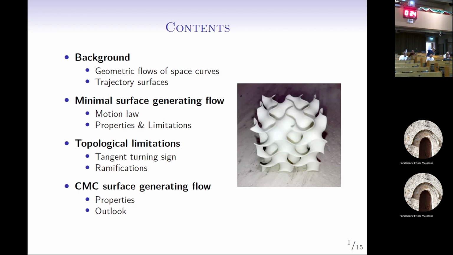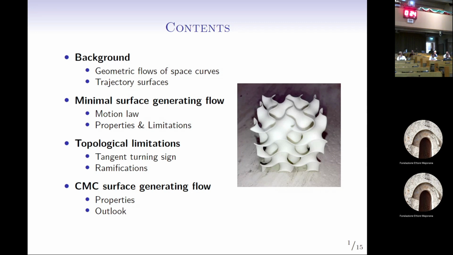So I will be talking about minimal surfaces. These are surfaces that locally minimize area. We can generate them, for example, by a gradient flow of the area functional. That would be mean curvature flow with fixed boundary conditions.